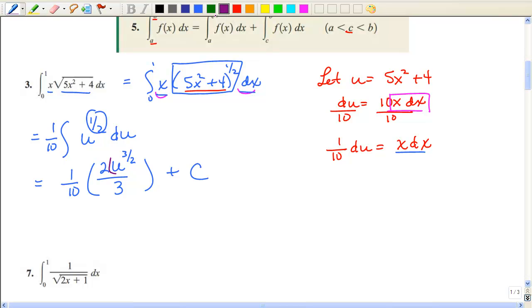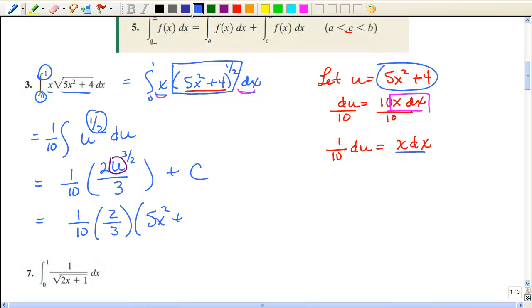Let's go back and put in x, because these limits are in terms of x. So really what we have is 1/10 times 2/3 times u, which is 5x squared plus 4 to the 3/2 power.